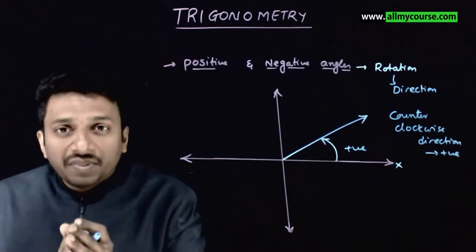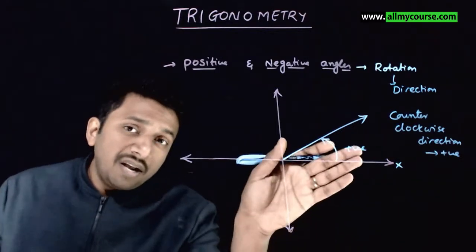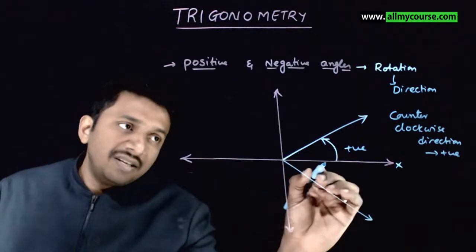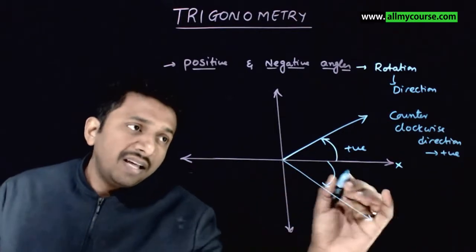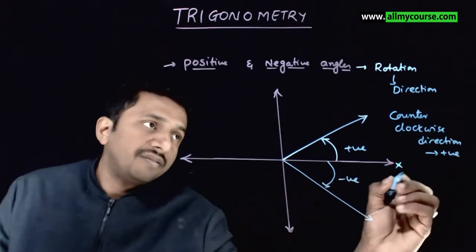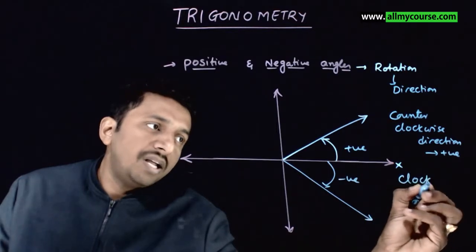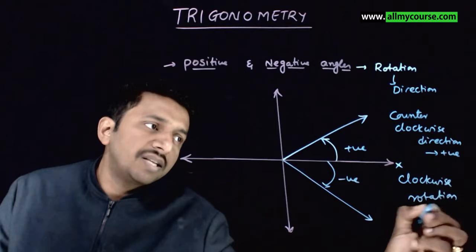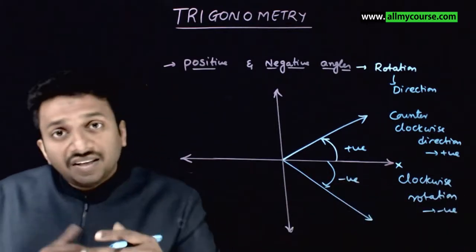This is a convention. And if the ray rotates in clockwise direction, assume that the ray has rotated like this. So we say that the angle rotated is negative. That is, clockwise rotation is considered as negative. This is a convention.